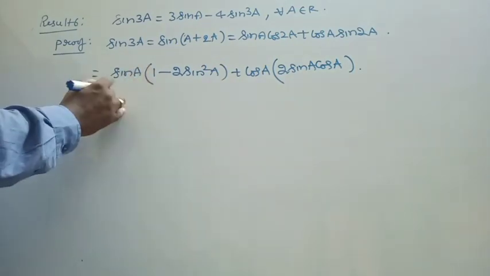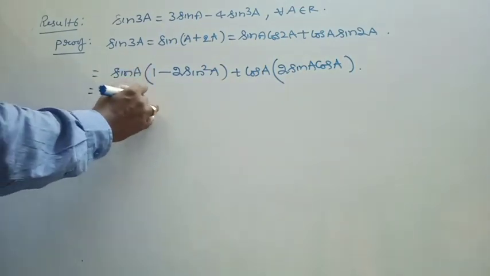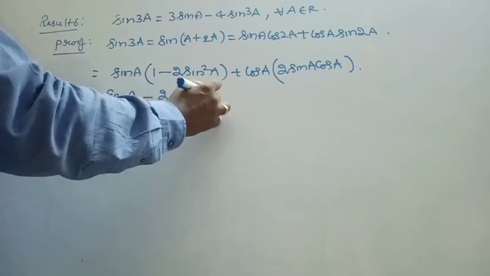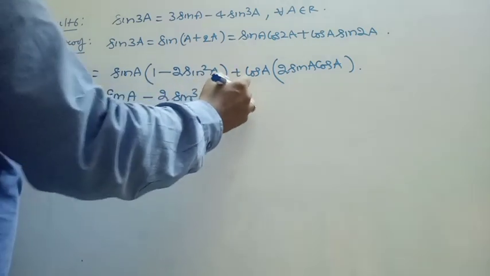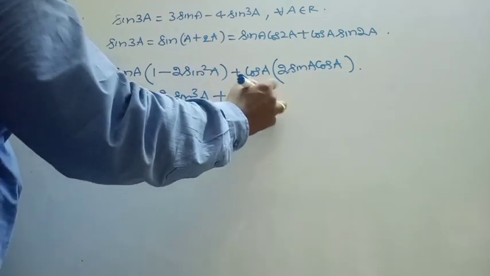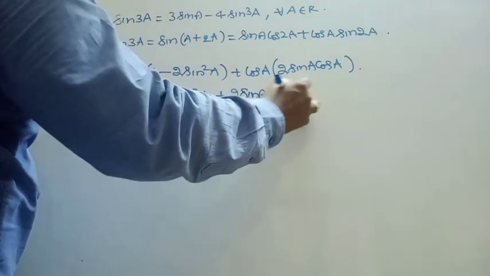Now sin A into 1 is sin A, minus 2 sin cube A, plus, my dear students, 2 sin A into cos square A, right?